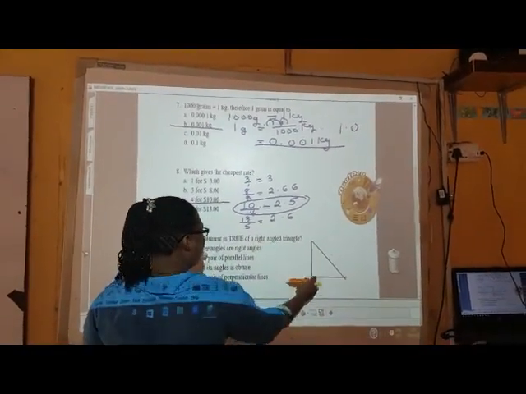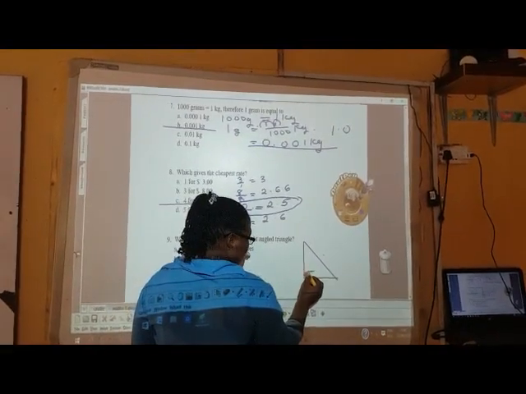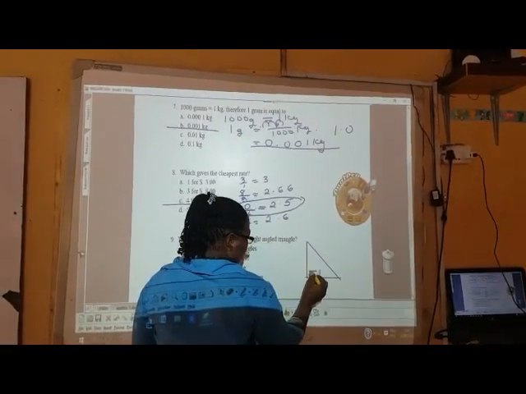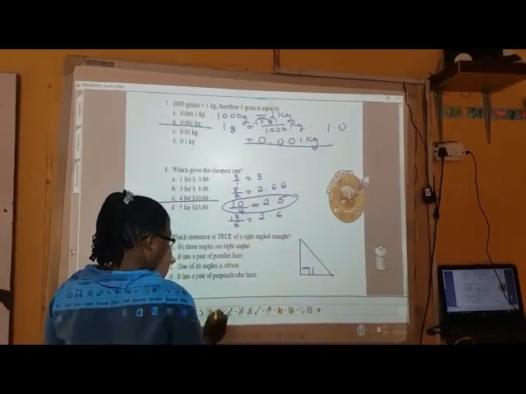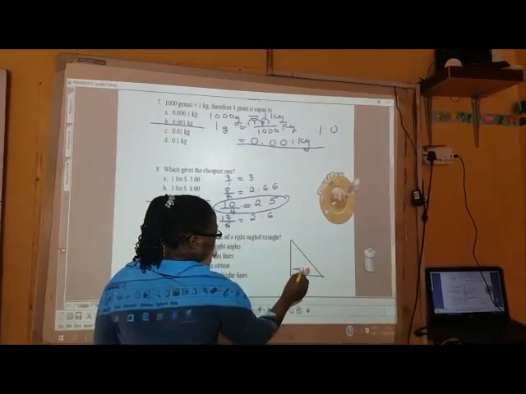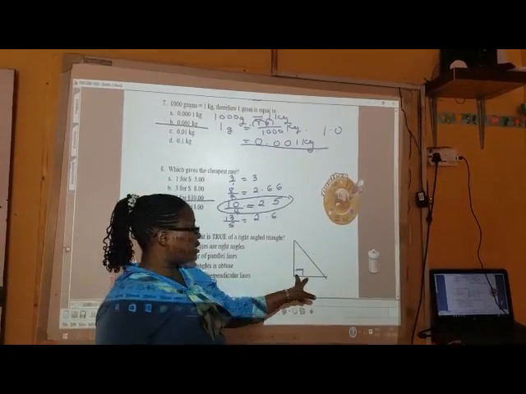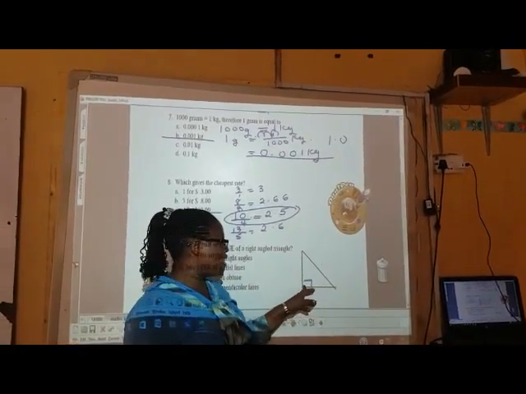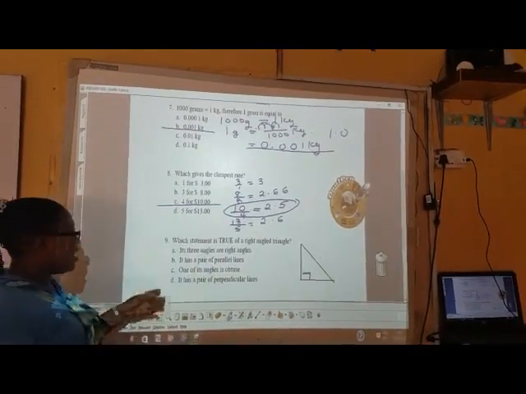This is a right-angle triangle. When we say right-angle triangle, that means this place should be 90 degrees, it must have this shape. It must have something like this. That means the angle here is 90 degrees. That's the right-angle triangle. We want to look at the first option here.